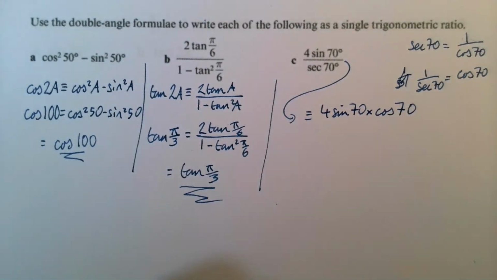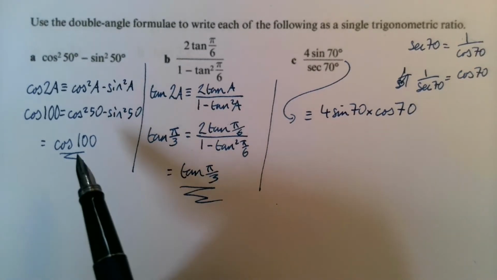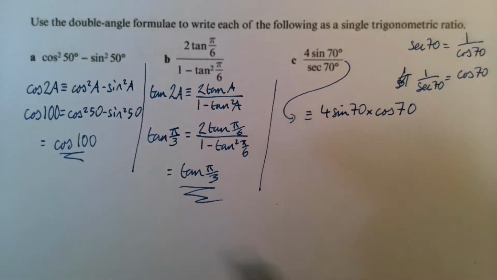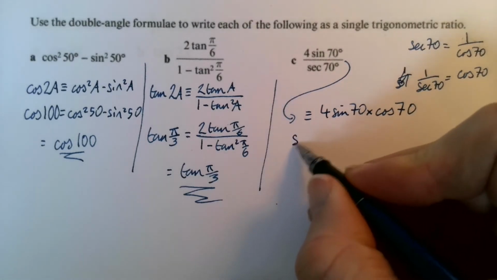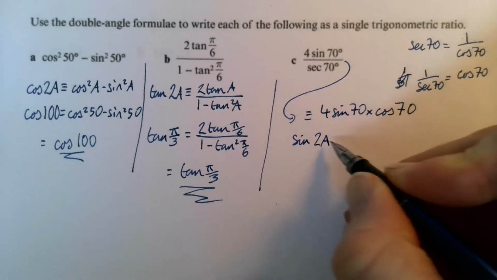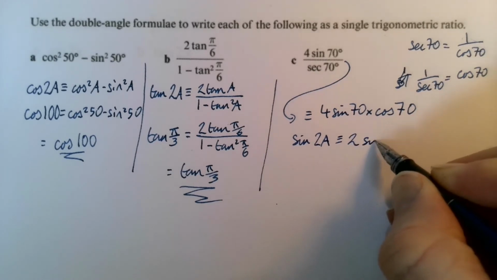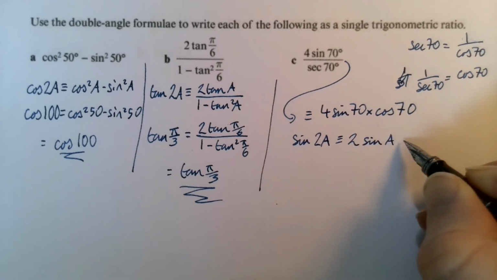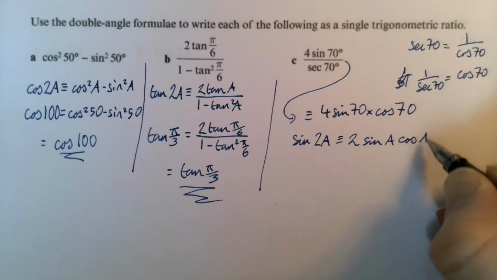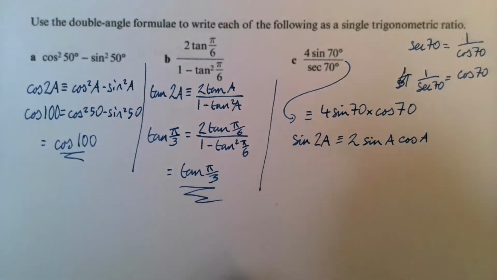So that means that we can say that that is going to be identical to 4 sin 70 times cos 70. And now, if you have a look back at your double angle formulae, we've used a cos one, we've used a tan one. If you look at the sine one, we know that sine 2a is identical to 2 sine a cos a. So all we've got is double the amount of it.